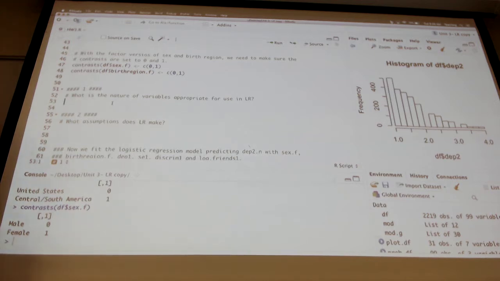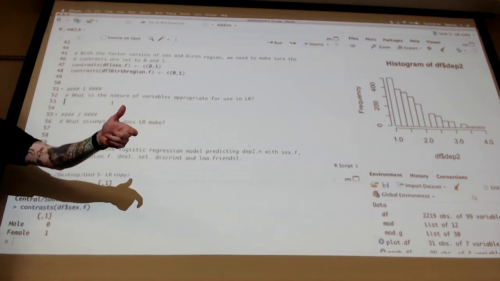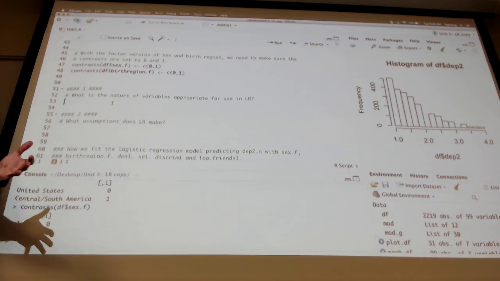And then the final has to do with the size of your cells. Basically, you have to have enough data. The ratio of the number of cases, the number of observations that you have, and the number of variables that you're using has to be sufficient.